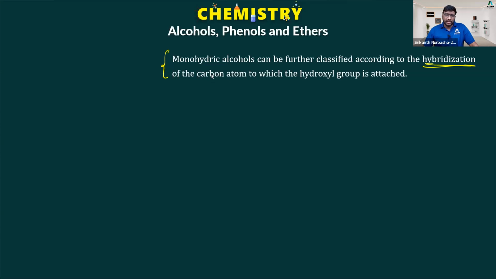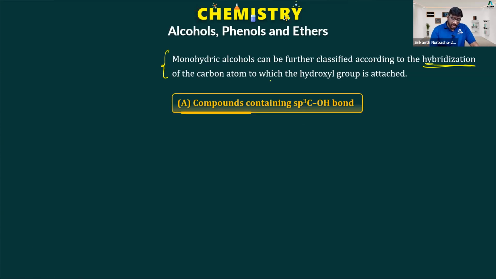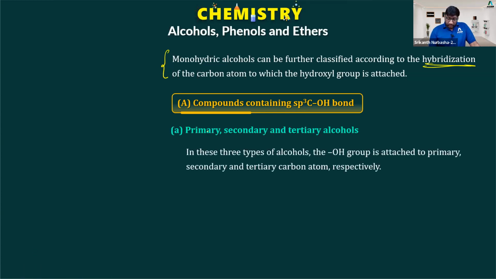Same here, monohydric alcohols can be classified based on the hybridization of the carbon atom. Here also we have primary alcohol, secondary, tertiary, benzylic, allylic. All these are species where carbon is sp3 hybridized. First, primary, secondary, and tertiary alcohols. In these types of alcohols, the OH group is attached to a primary, secondary, or tertiary carbon atom.